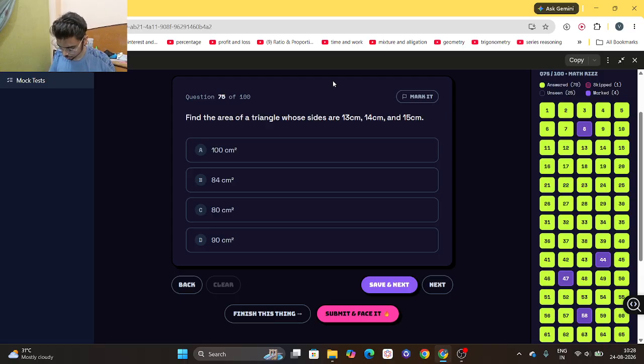Using Heron's formula, 21 into 8 into 7 into 6, which is 2 to the power 4 into 3 to the power 2 into 7 to the power 2. So 21 into 4 is 84.